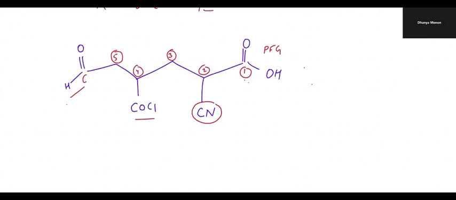If you can number it, better to number it. Okay, and when cyanide is the substituent, we use cyano. When acid halide is the substituent, we use the prefix haloformyl. In this case, the halogen is chloro, so we use chloroformyl.